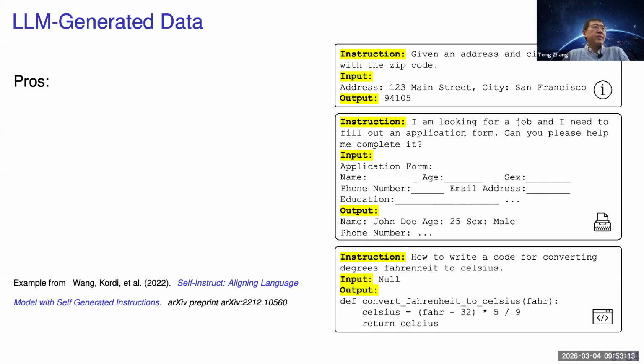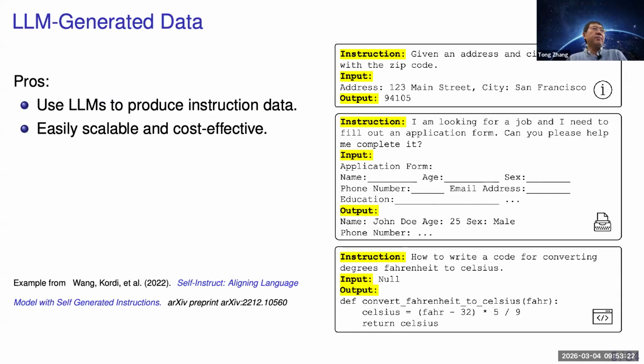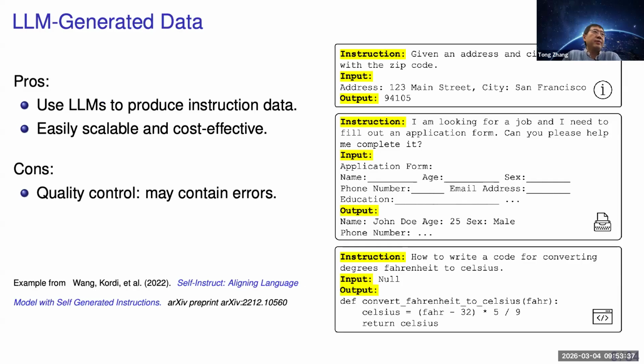So you can generate quite a bit with a certain format. The pros, of course: generating instruction data is scalable. Cost effectiveness is comparable with a human. You can generate a lot of this kind of instruction easily. The cons, of course: quality may not always be there. They always have issues like hallucination, or sometimes the response is not quite right and so on.